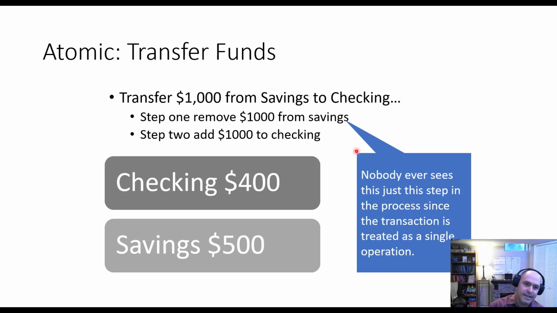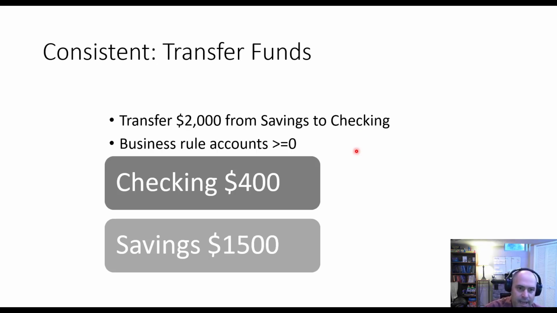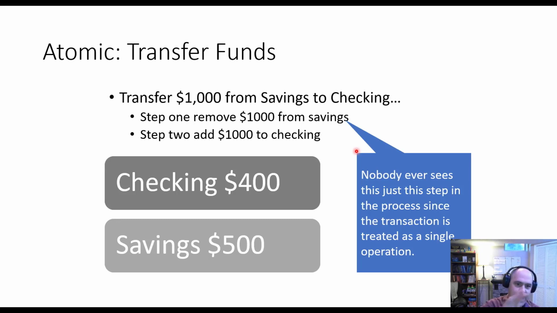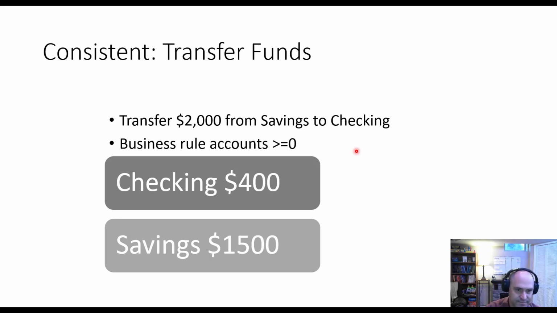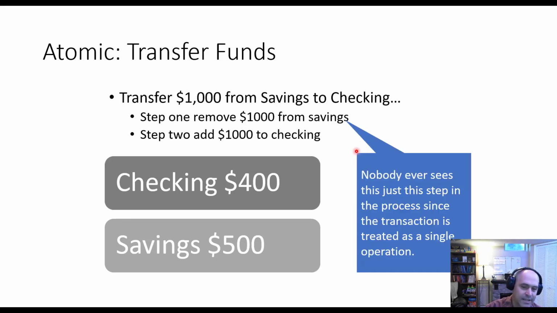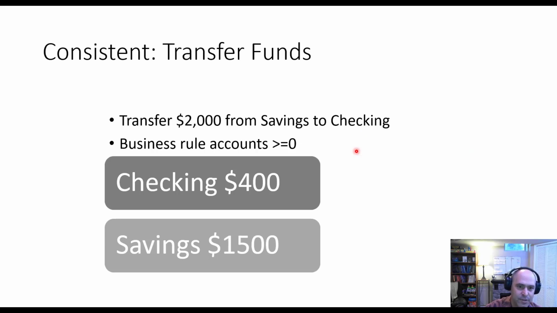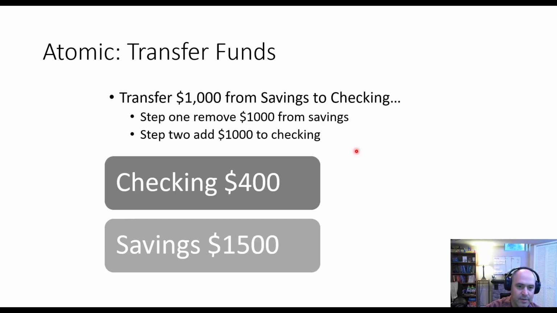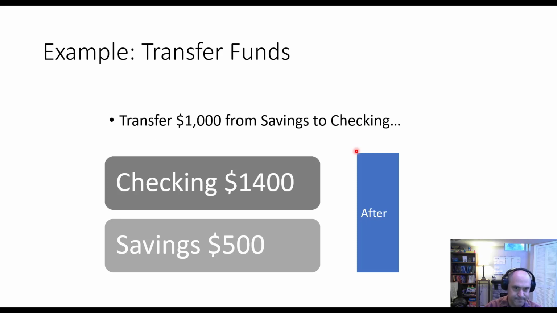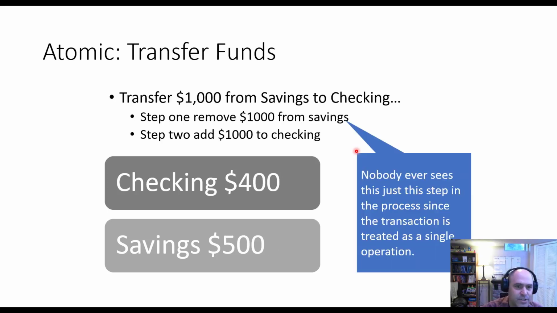So if I go to an ATM and say I would like to move $1,000 into my checking account, while this is happening, if my wife went to another ATM, she would see the data in its before state like this. Or she would wait and see it in its after state, which would look like this. But the other user would not see it in its intermediary state, which is this. That's what atomic means.